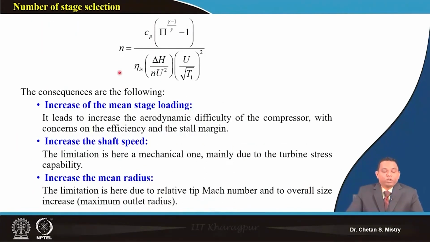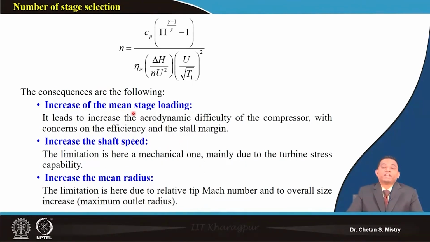Now, as we have discussed, these two parameters need to be increased in order to reduce the number of stages. Increasing the mean stage loading will create trouble in terms of aerodynamics, because we are concerned about our efficiency as well as our stall margin.